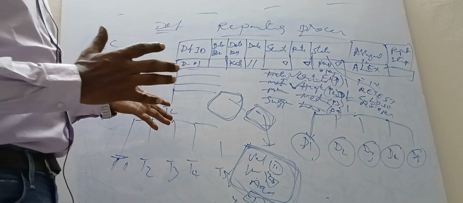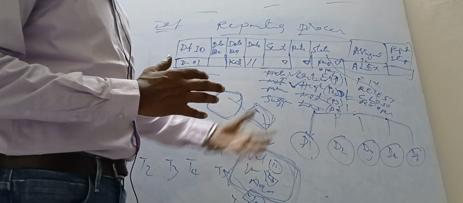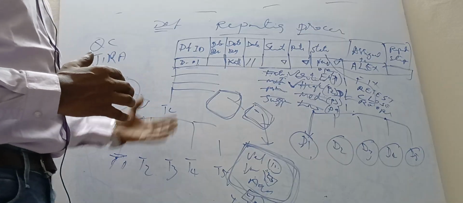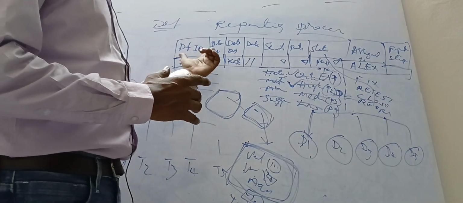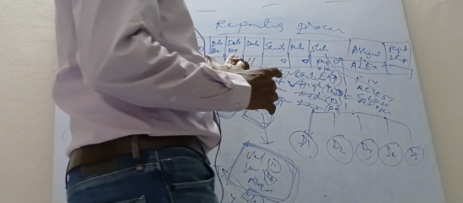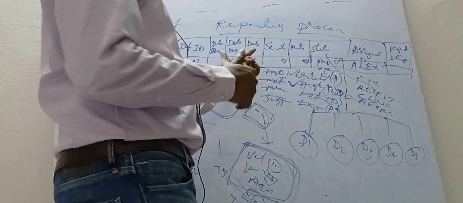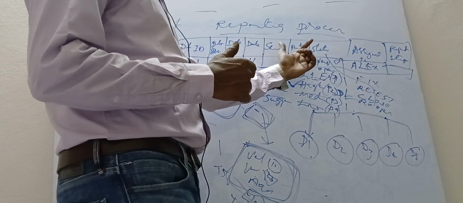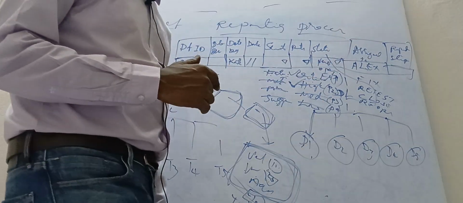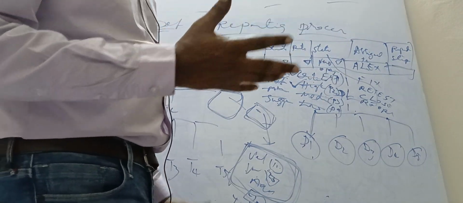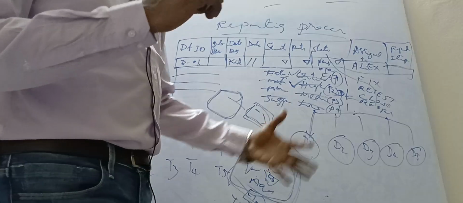Sometimes the interview question will come: what are the fields in the defects tab? You have to say: defect ID, defect description, defect detected by your name, date, severity, priority, status, assigned to, reproducible steps, version, build number, and project name.